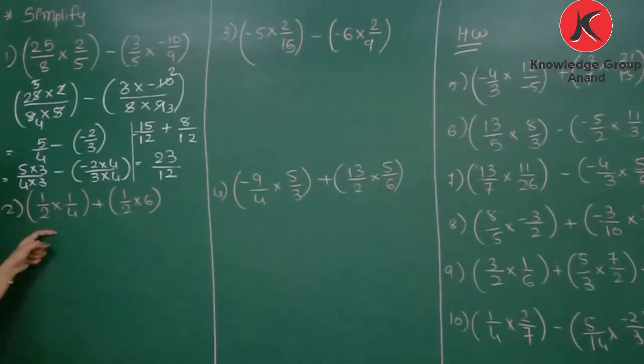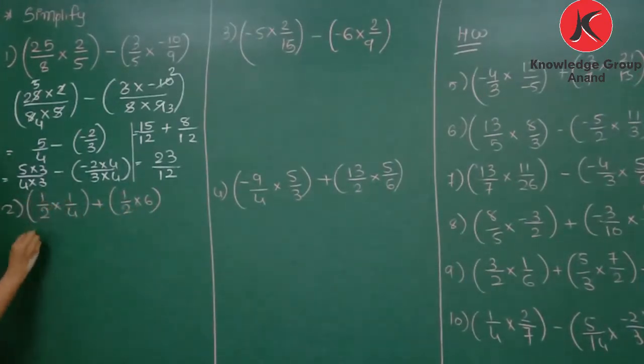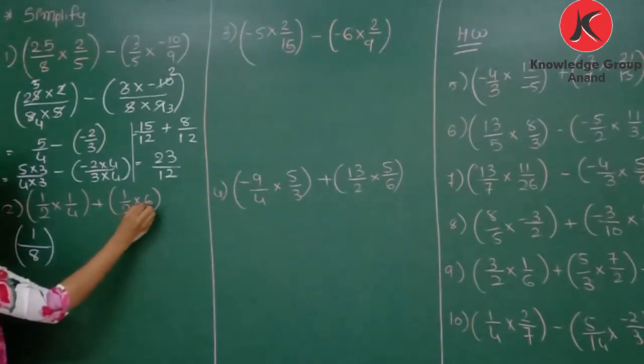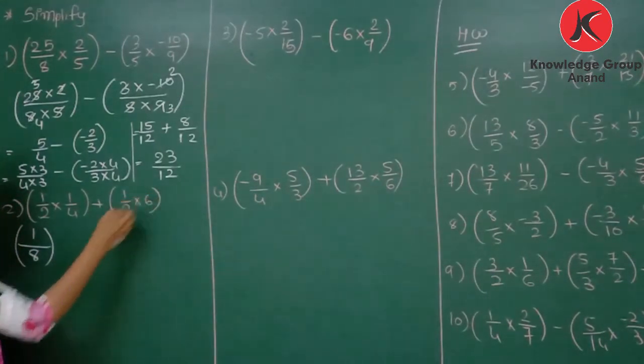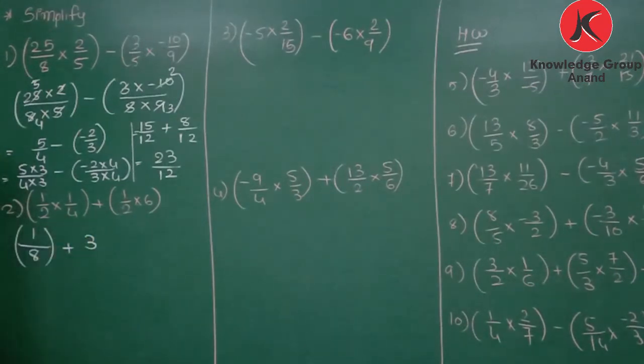Now let's take next one. 1 by 2 multiply 1 by 4 plus 1 by 2 multiply 6. So here 1 is multiplied with 1, 2 is multiplied with 4, that is 8. Now here 6 in a numerator and 2 in a denominator, you can cancel out 3 2s. So answer, here we have 3 only.